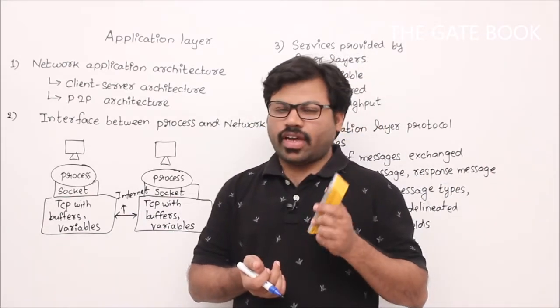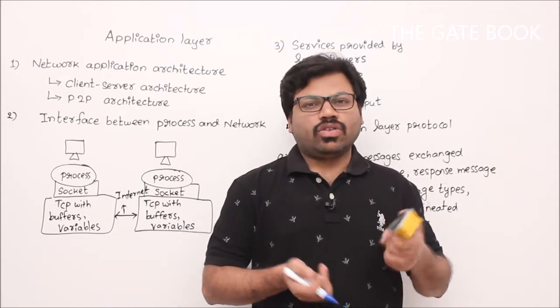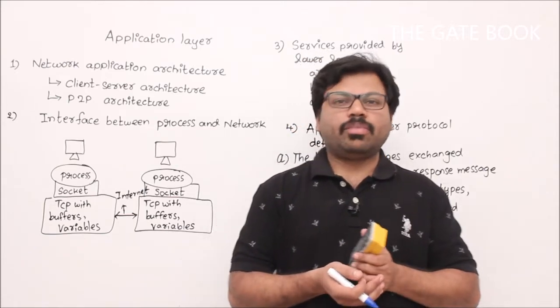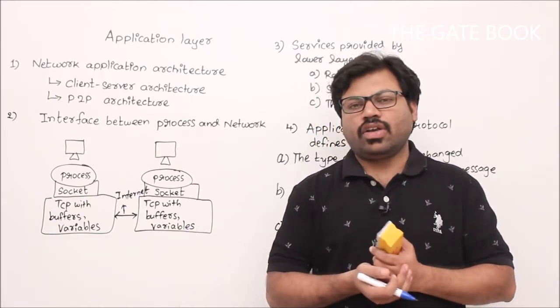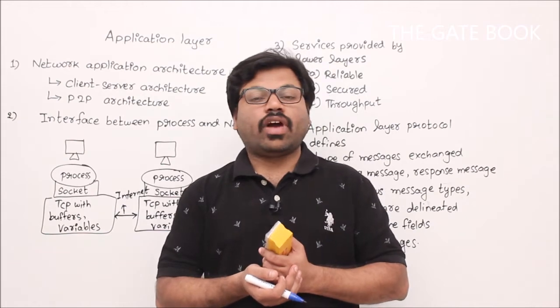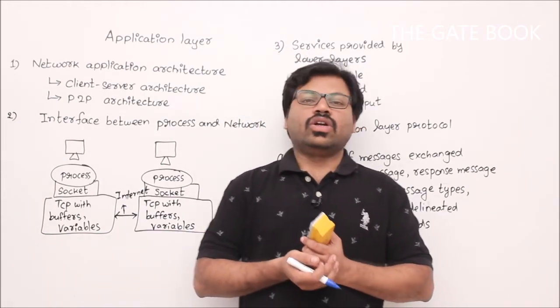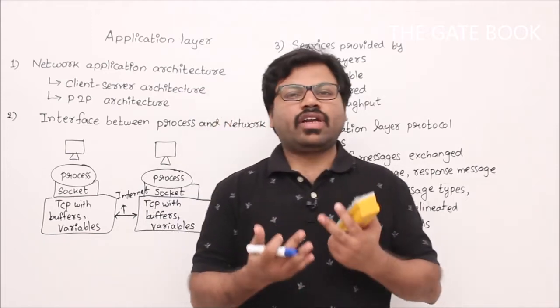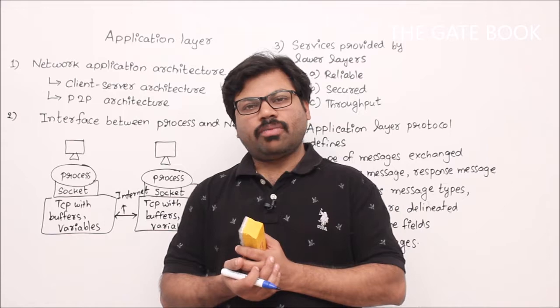Similarly, to transfer a file from one place to another, we require the FTP protocol. Okay, you need some rules for that. Those rules are called FTP, file transfer protocol. To transfer files we require such protocols. To access web pages a different kind of rules are required, called the HTTP protocol.